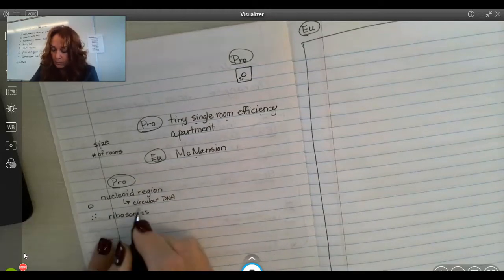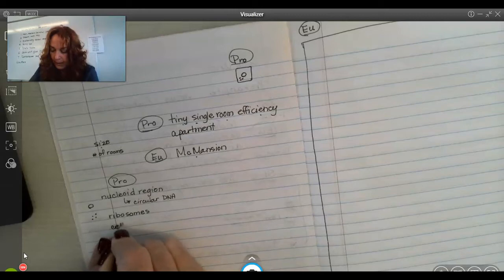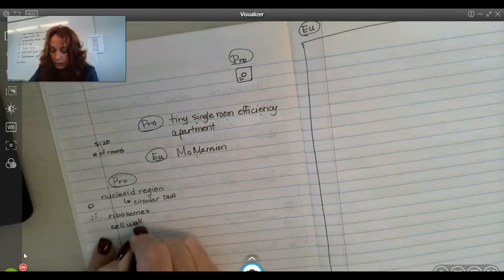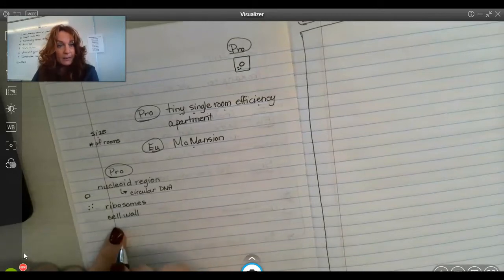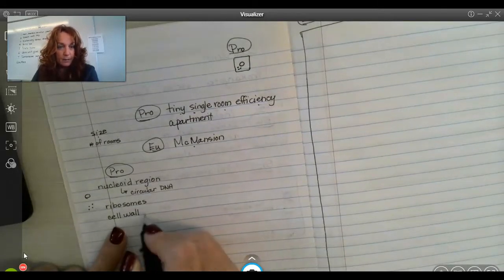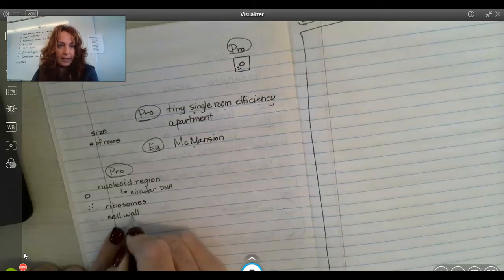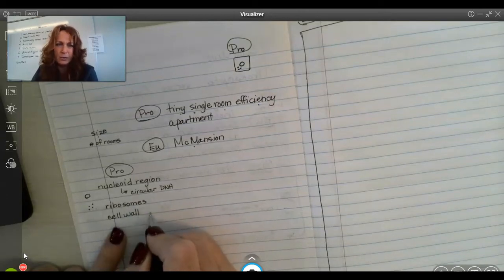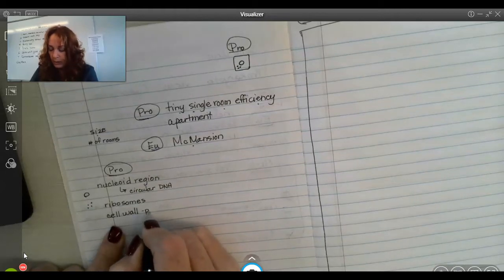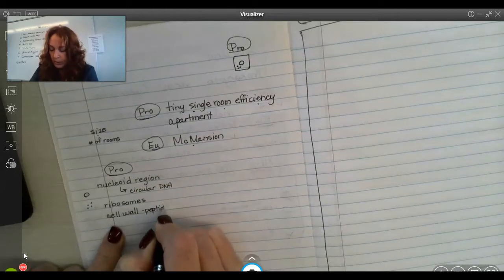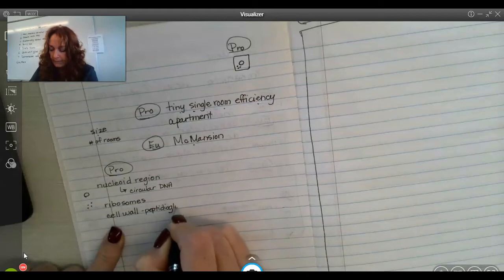Prokaryotes, bacteria, have a cell wall, so it's the rigid structure. It's made of a polysaccharide, but it's not like the cell wall of plants, because hello, it's not a plant. Plants are eukaryotic, these are prokaryotic. They have a cell wall, and it's called peptidoglycan.